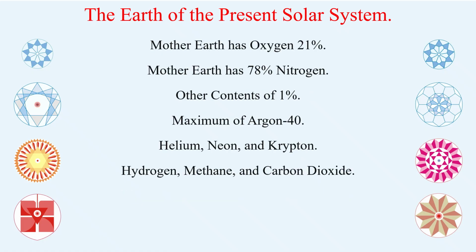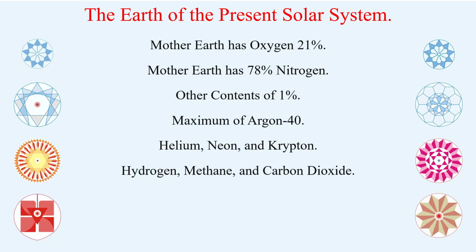Now there comes the question of Mother Earth. At the present system, as I told you, oxygen is 21% and in Mercury it is 42, so 21 is half of that, and this oxygen is formed because of photosynthesis. Let it be very clear, it is photosynthesis which used up carbon dioxide to convert into carbohydrate and water also to convert into oxygen. This is the combination where in Mercury it is oxygen from carbon dioxide, but here oxygen is from water, and then nitrogen as 78%.